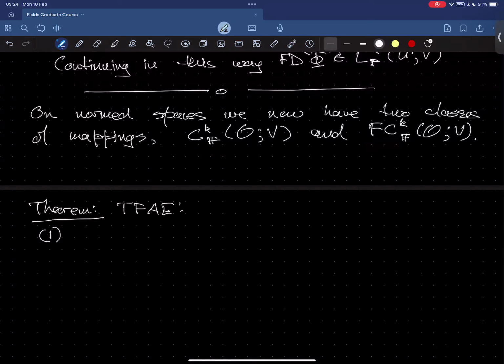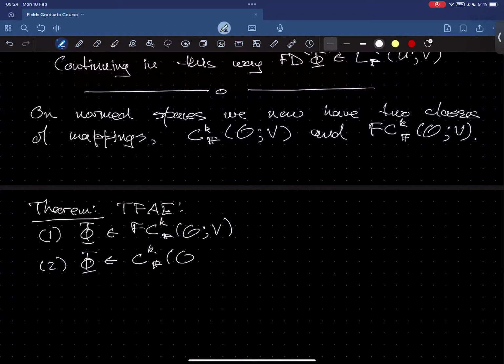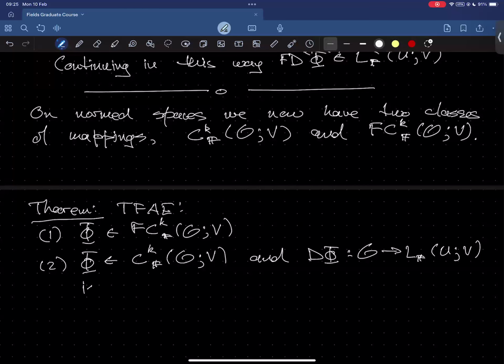Condition 1: phi is FCK(O, V). And condition 2: phi is CK, and d phi, which we talked about before, as a mapping from O into L(U, V), is continuous.